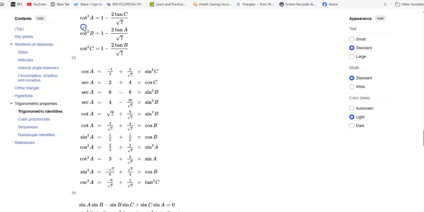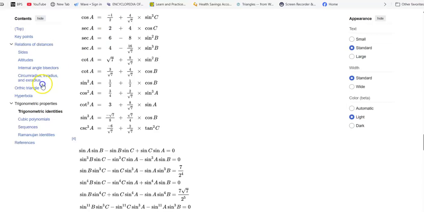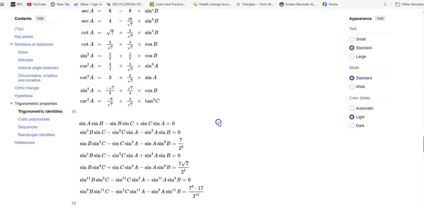These are actually quite difficult to prove. I've been able to prove a couple of them. I'll try and make videos on them, but I have been unable thus far to prove all of these, so these might be mysteries until I eventually figure them out.